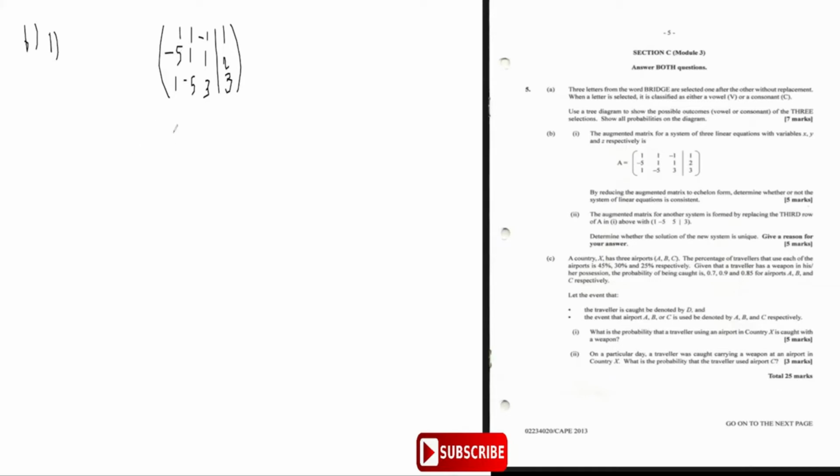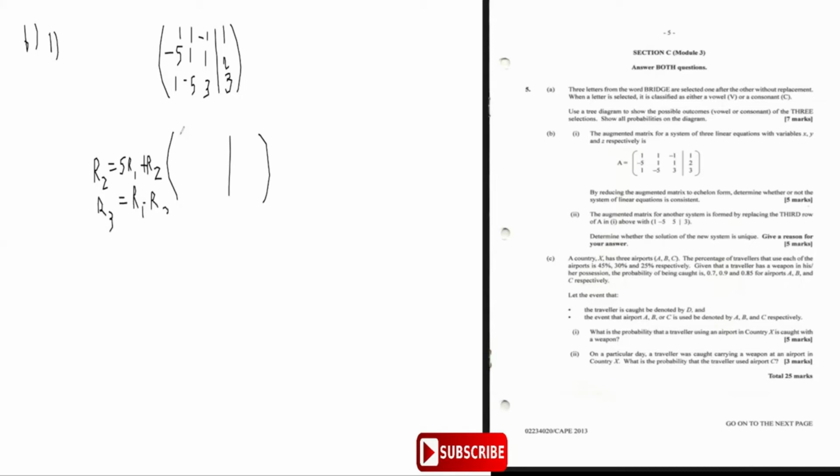So what we're going to do is row reduce it, and we're going to let row 2 become 5 row 1 plus row 2, and then we can make row 3 be row 1 minus row 3. So let's do that.